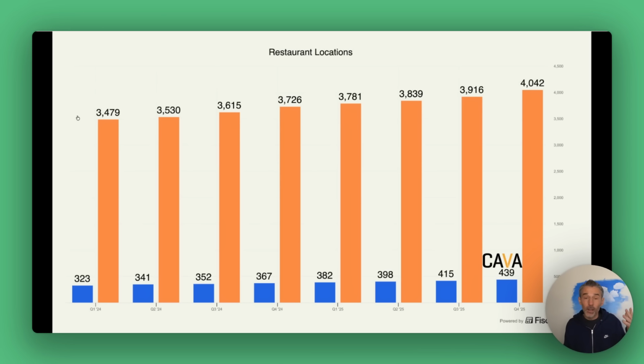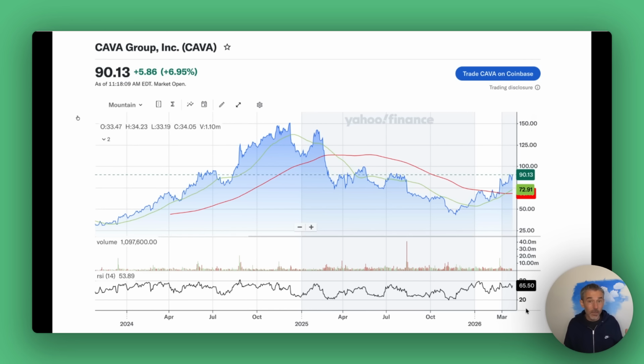It's done much better than 5% for its time as a publicly traded company, so I don't think that's as high a bar to climb over. But really, if we look beyond 2030, it's worth pointing out that the total number of Cava store locations is down here in the blue. And look at Chipotle Mexican Grill, which has over 4,000 locations. And so if we look beyond 2030, I think that the growth story here is actually quite compelling.